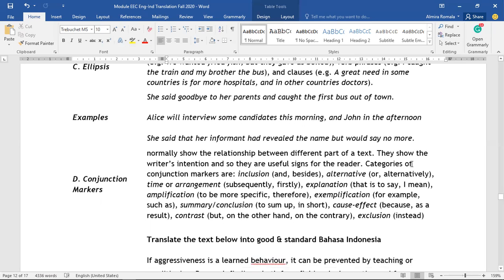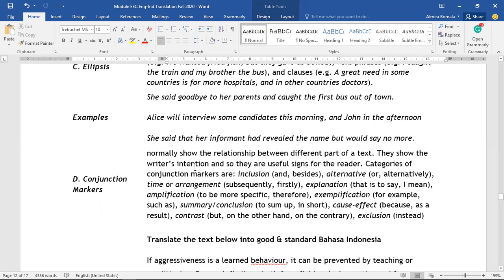Okay, good. And then let's continue with the next strategy or cohesive device. We have the conjunction markers. Conjunction markers show the relationship between the different parts of a text. Usually it is from one sentence to another sentence, connecting it with the previous sentence, or from one paragraph to another paragraph.